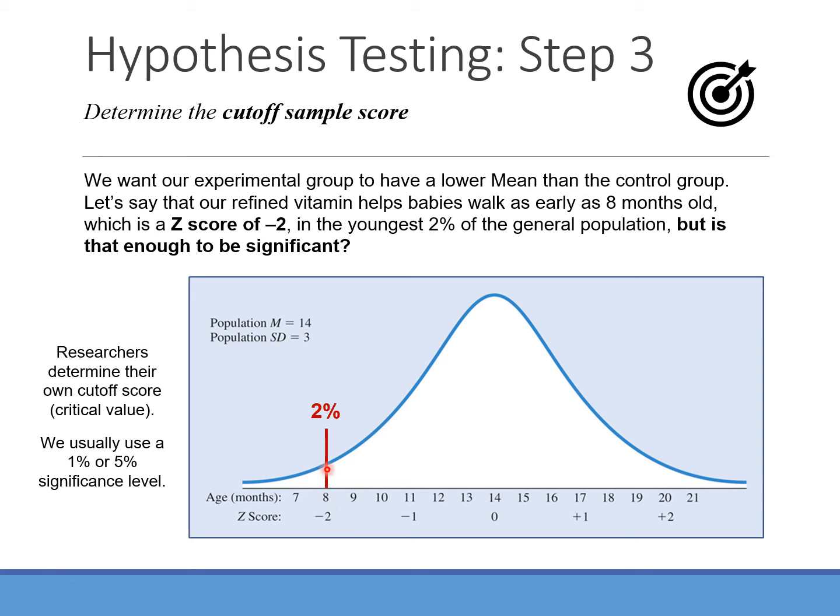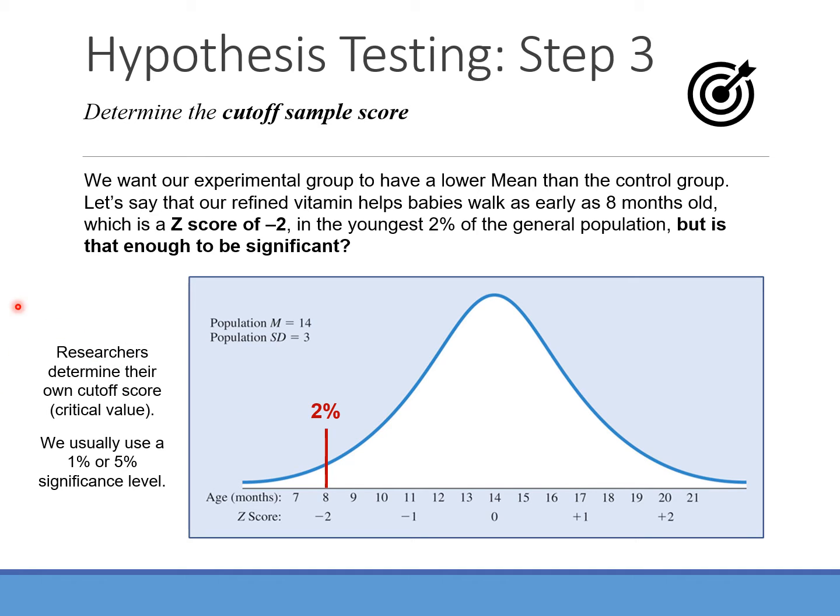If our babies that we study walk at 8 months old, then they are walking better than 2% of the general population. So if our baby walks at this age, he is in the youngest 2% of the population, but is that young enough to be significant?